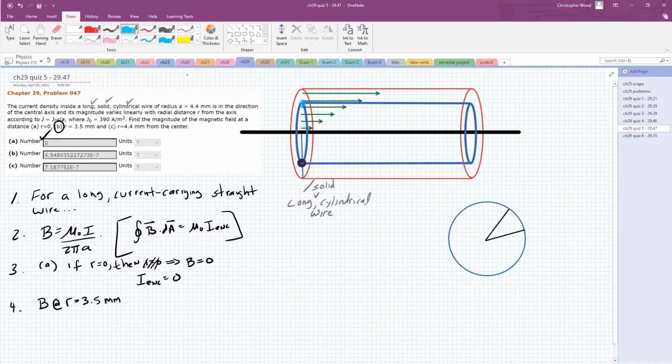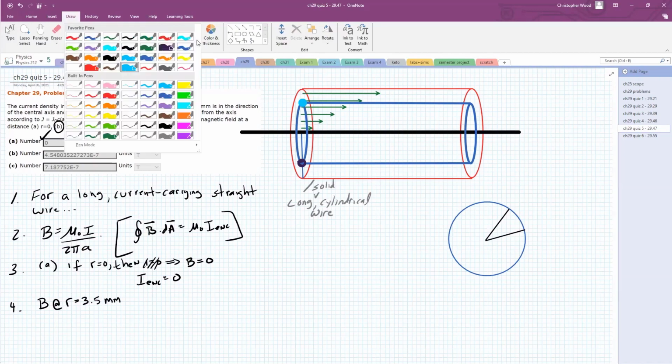Probert standing at some distance, r equals 3.5 millimeters, from the longitudinal axis of this cylindrical wire. Okay, so let's go with that.